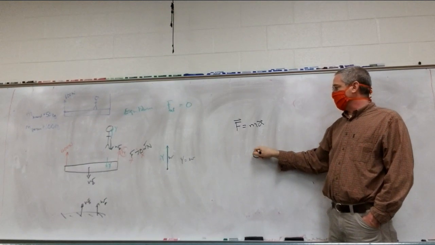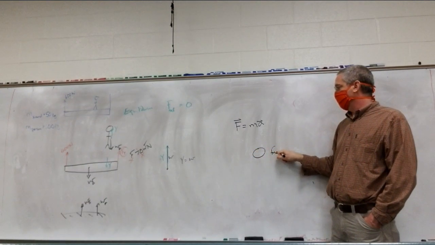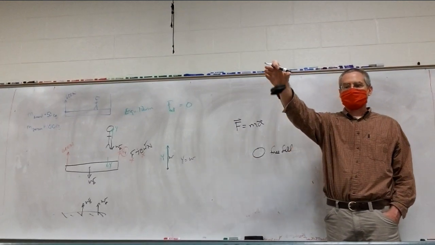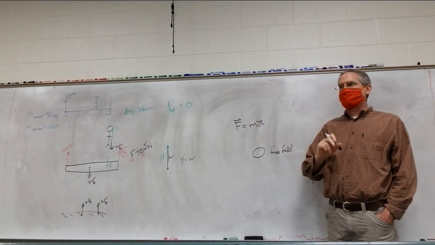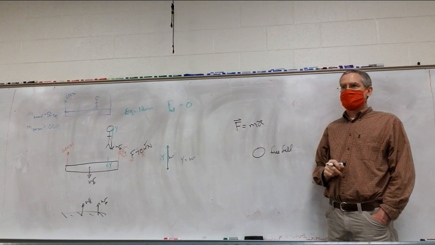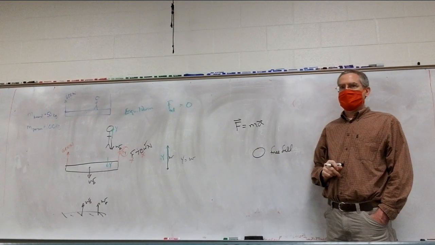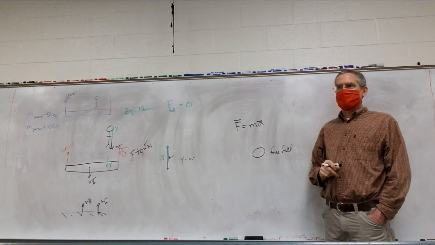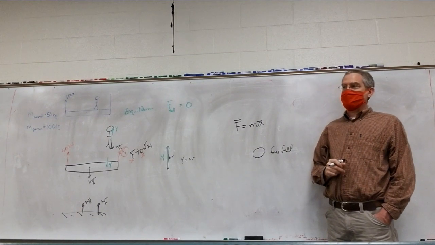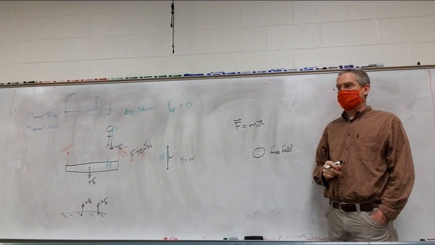So if I have an object in free fall, for those who need the visual, while it is falling, what are all the forces acting on it? We did this one already. Force diagram of object in free fall.